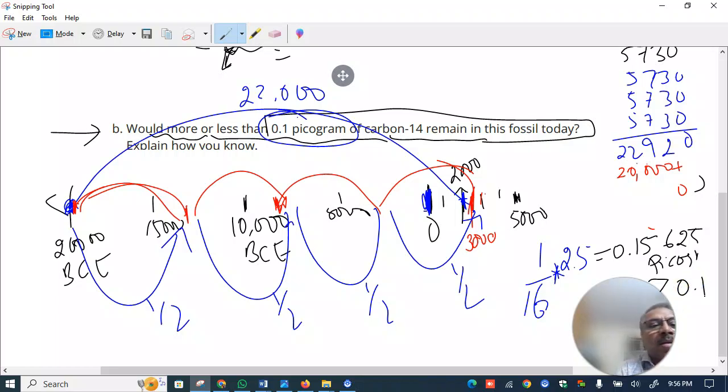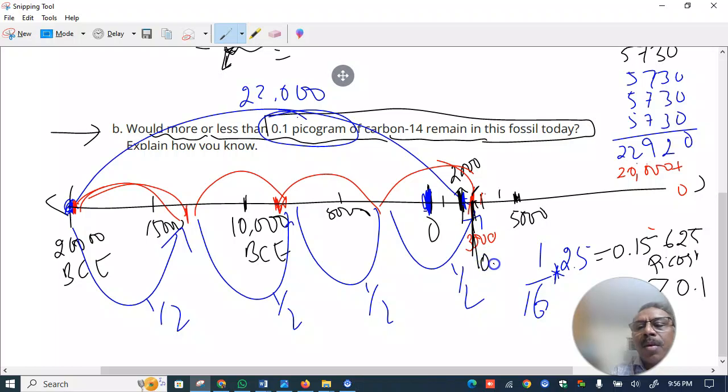Right here, the amount is not at 2000, I'm talking about this piece. The amount of picogram is 0.156. Right now we are at 2000 after AD.